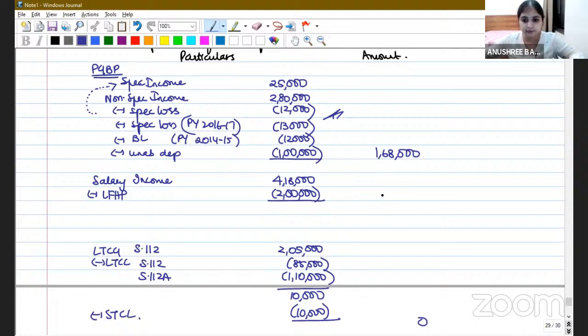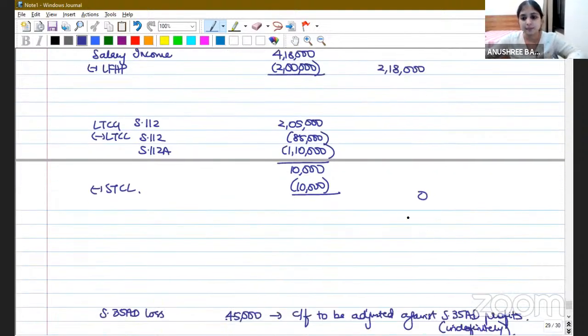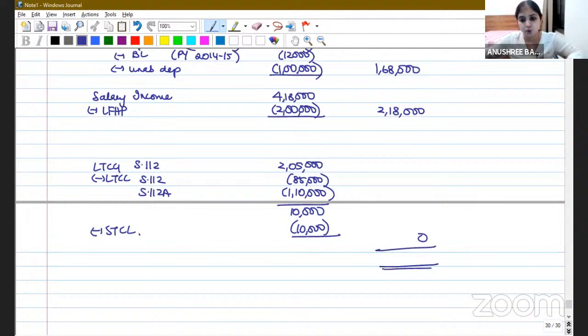Salary income, we are left with 2,18,000. And capital gains, 0. So what is our GTI then? Our GTI is going to be 3,86,000.